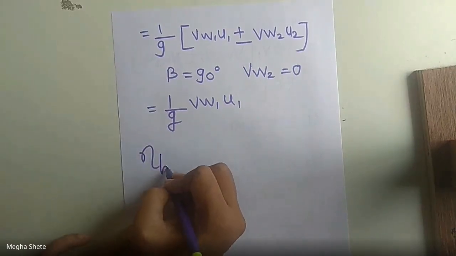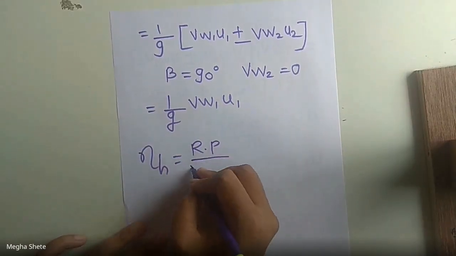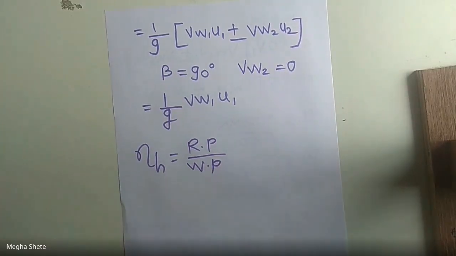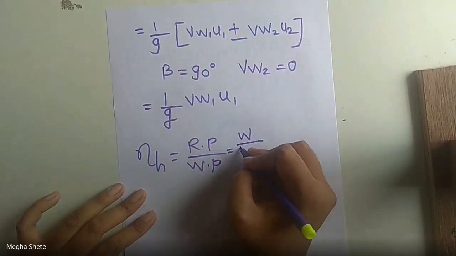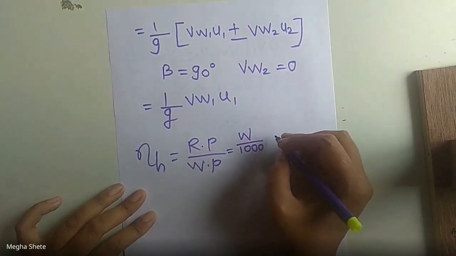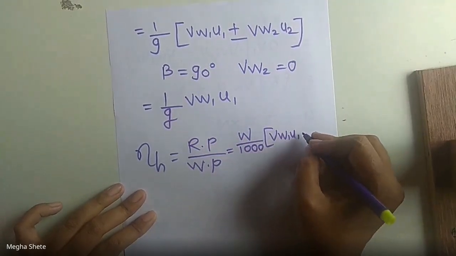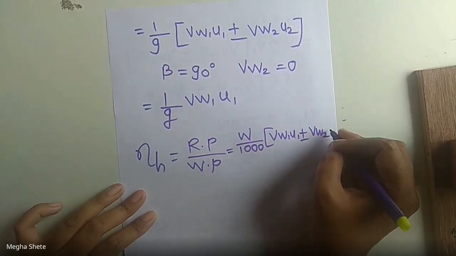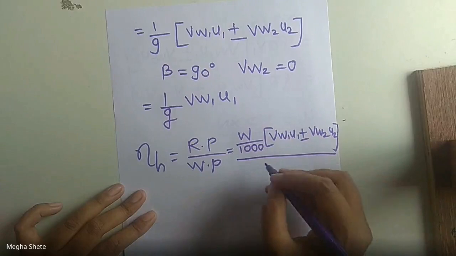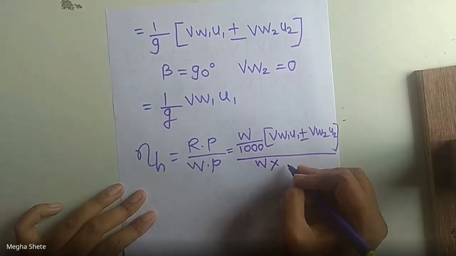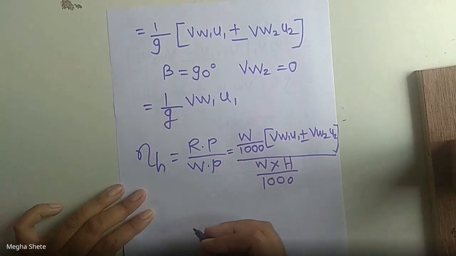Hydraulic efficiency is equal to runner power divided by water power. That is equal to W divided by 1000 into (VW1 U1 plus minus VW2 U2), divided by W into capital H divided by 1000.